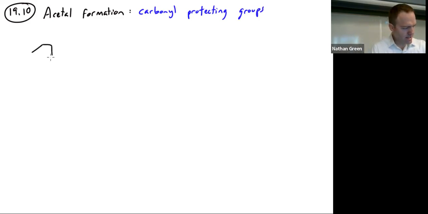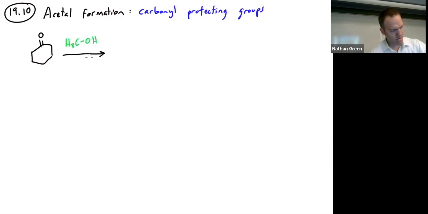All right, you can take a ketone, add to it excess alcohol. So we need at least two. Well, I'll show you. We need excess alcohol in the presence of an acid catalyst. And that is going to form a diether.